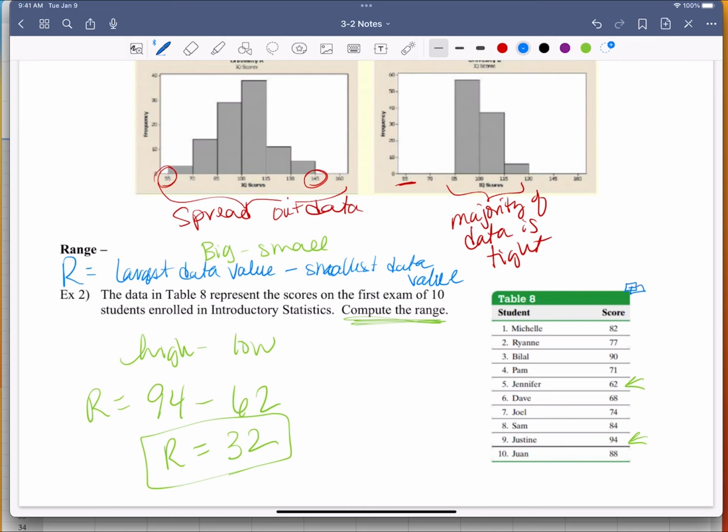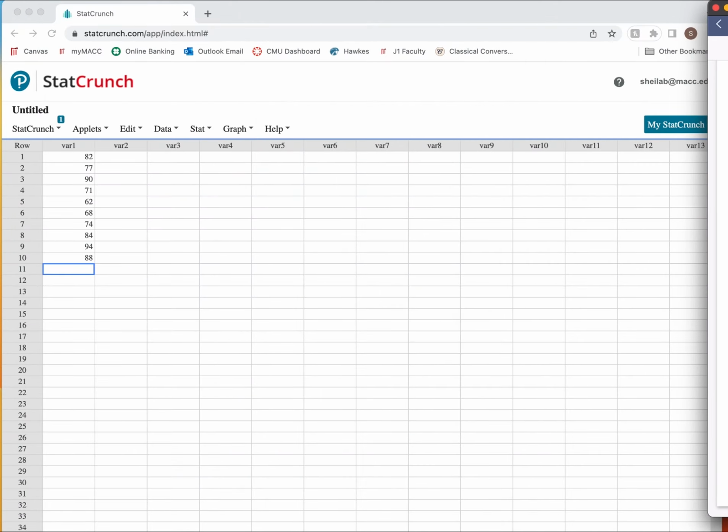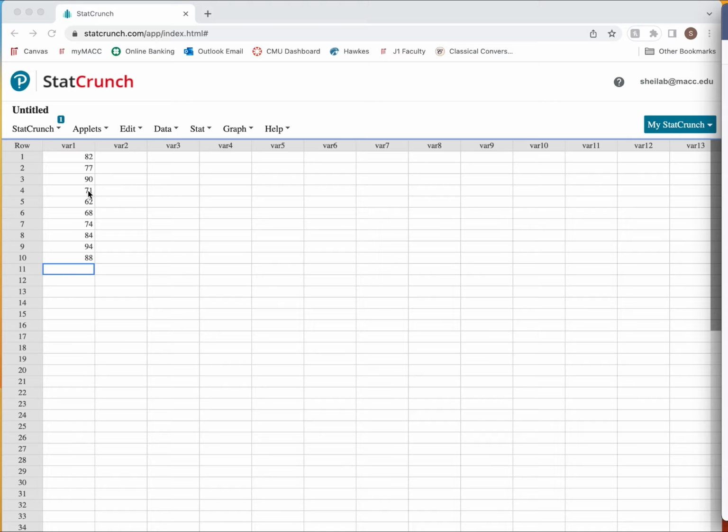You're going to click on that box, and then it's going to be a drop-down menu. The very first thing in the drop-down menu says Open in StatCrunch. Then you'll open that in StatCrunch and it will import your data. So for us to save time, because these are notes, I went ahead and typed in these values because these are the test score values.